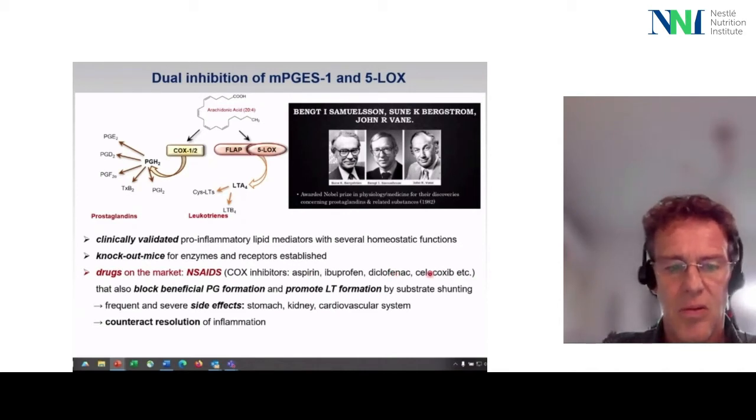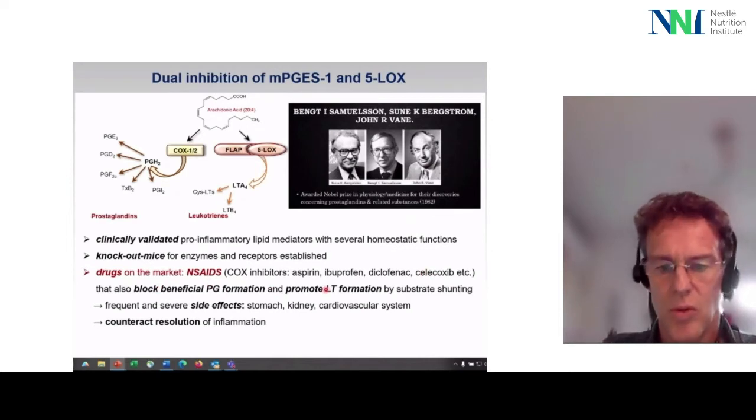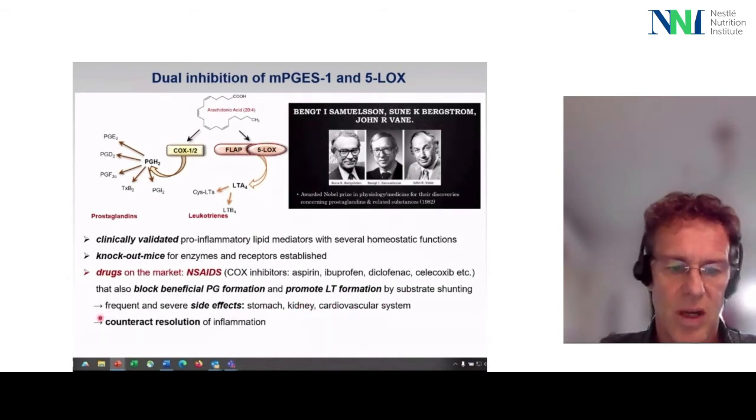And these compounds also, however, block beneficial prostaglandin formation, and they promote leukotriene formation by substrate shunting. And this causes frequent and severe side effects that we all know, in the stomach, in the kidney, in the cardiovascular system. And they may also counteract resolution of inflammation.